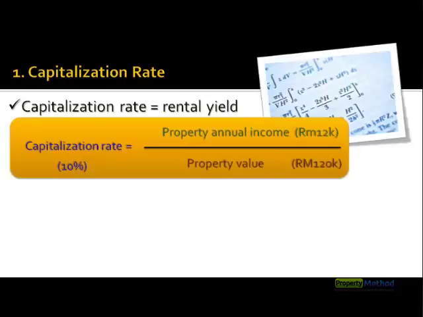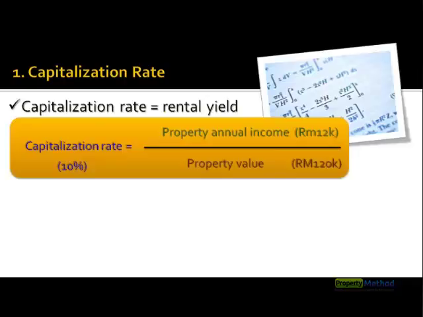The meaning of this 10% capitalization rate is that this property is able to generate a 10% annual income based on the total capital it represents. And the total capital it represents right now is the 120,000 ringgit, because if we sell this property now, we can get that amount of capital from the market. That is why we use the term capitalization rate.